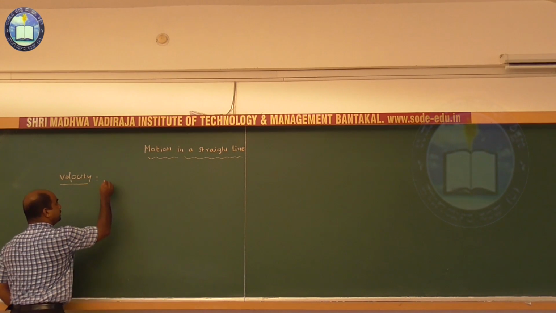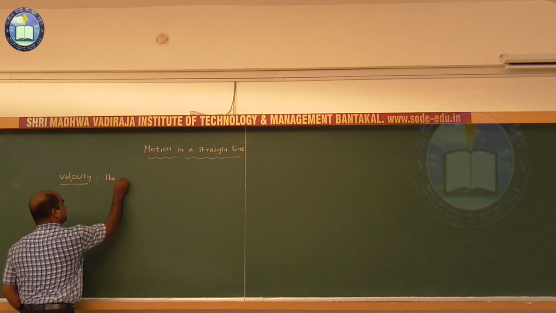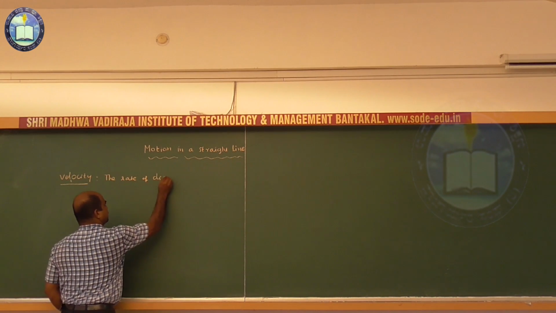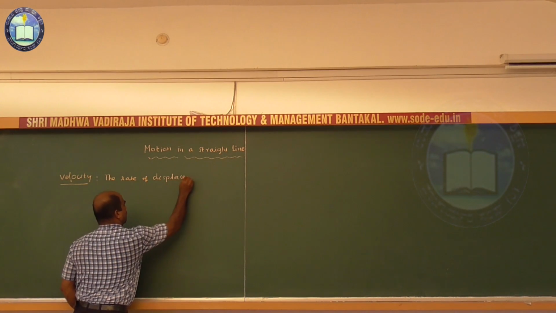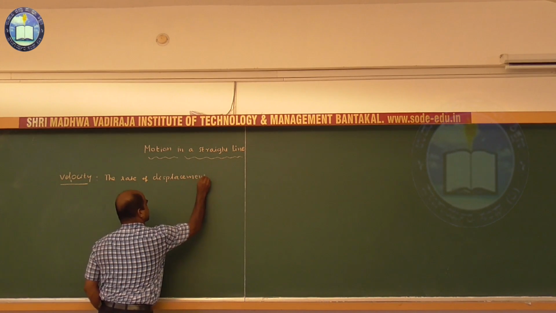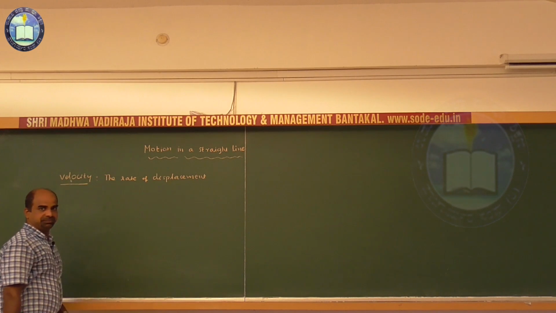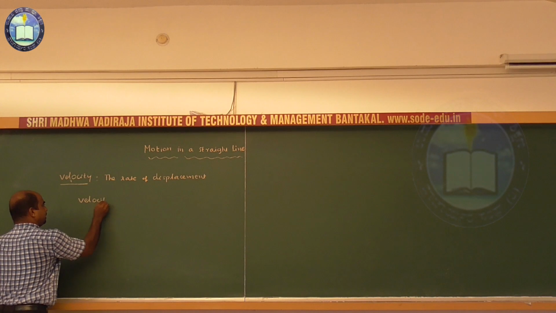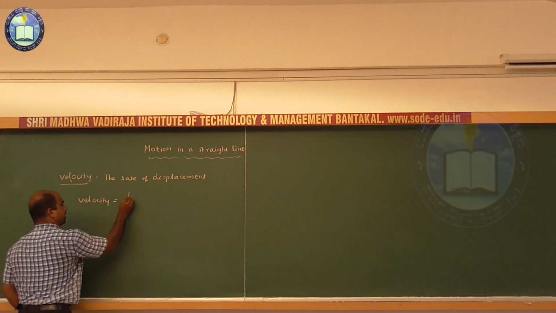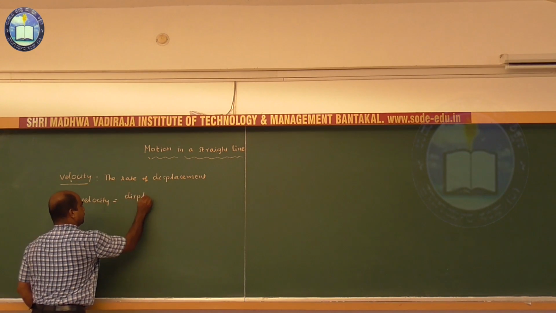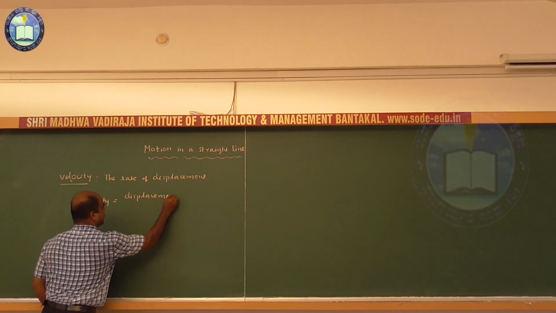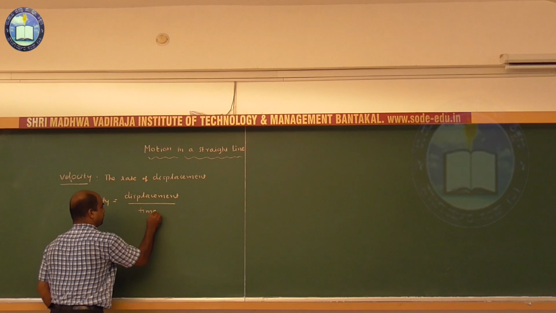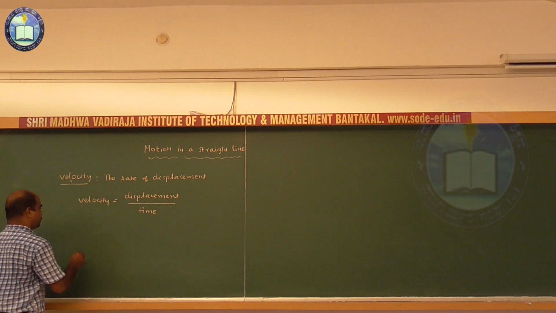That is, velocity of a moving body is given by displacement divided by time taken. Displacement divided by what? Time.